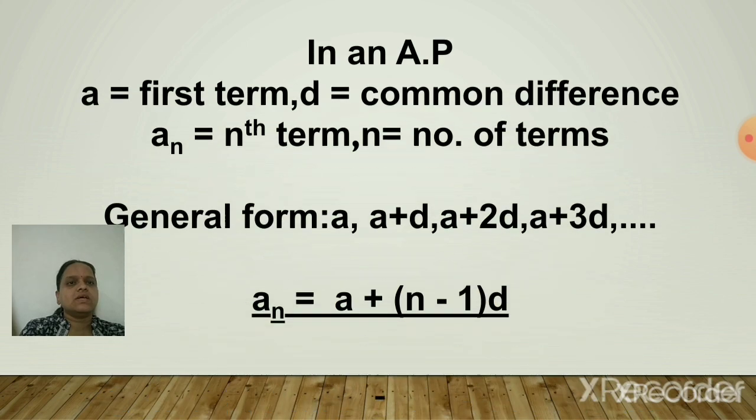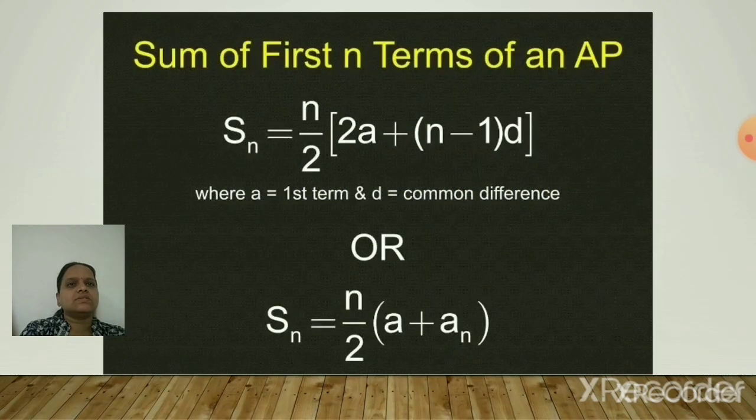Let us see the next formula, that is the sum of first n terms of an AP. So Sn, the sum of n terms, is equal to n by 2, 2a plus n minus 1 into d.